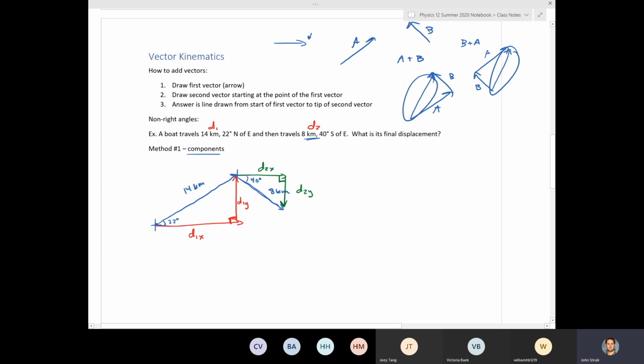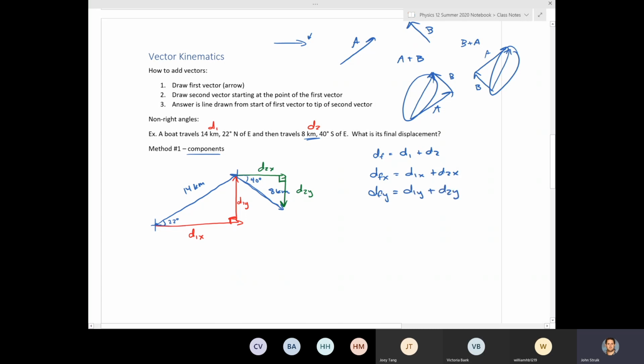You're breaking it into its components. Now, here's how it works. D final equals D1 plus D2, because we're finding the final displacement by adding two vectors together. If you break it into components, dfx will equal d1x plus d2x, and dfy will equal d1y plus d2y.